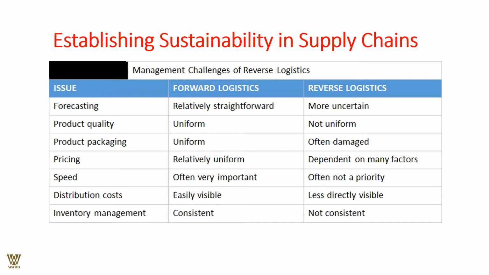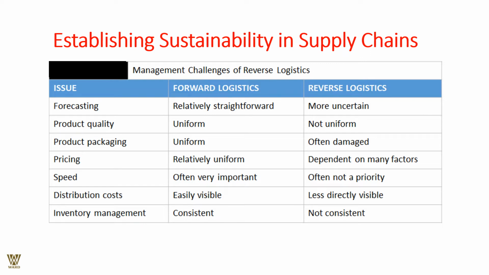Pricing is relatively uniform in forward logistics, and reverse logistics may depend on a variety of factors, but you are not aware from where it is to be picked up, how it is to be collated, and how coordinated efforts are to be put in. So it depends on a lot of factors. Speed is often very important in forward logistics. In reverse logistics, it is a priority case, mind you, because the product might be under warranty and so on.